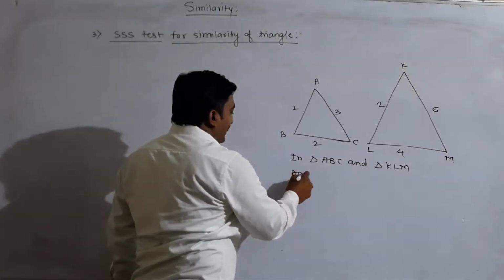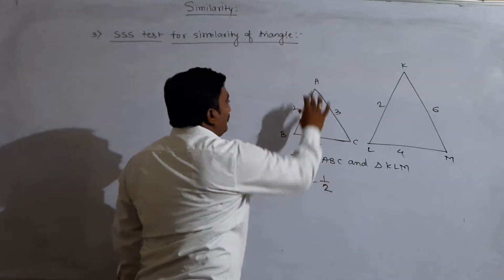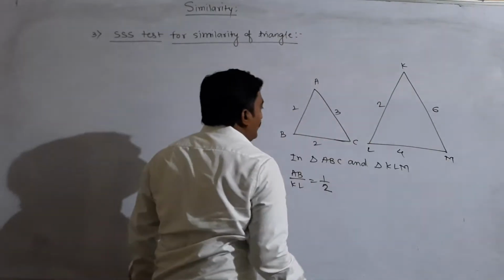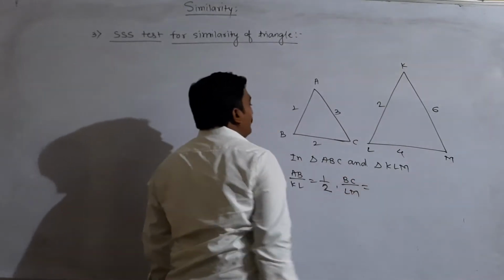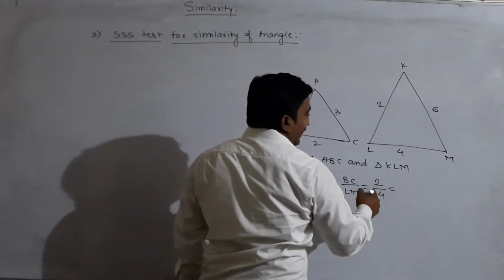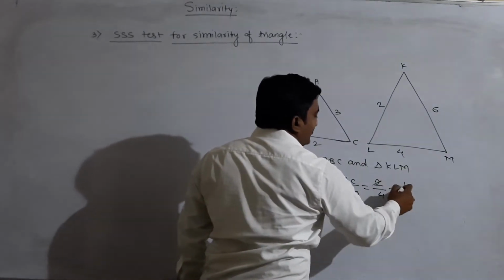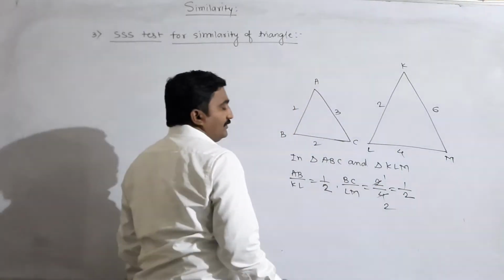Suppose AB divided by KL is equal to 1 by 2, AB is 1, KL is 2. Then BC divided by LM: BC is 2, LM is 4, 2 ones are 2, 2 twos are 4. This is also 1 by 2.